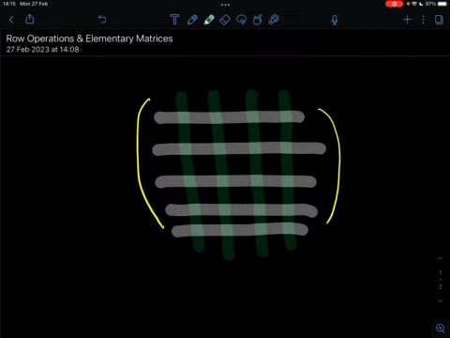Actually, there is some notation that one can use. Every time I want to refer to a particular row of a matrix, I'm going to use the notation Rj, where j specifies the row which we are concerned with. And when it comes to columns, again, we're going to use the notation capital Cj, meaning we are referring to this column number within a matrix.